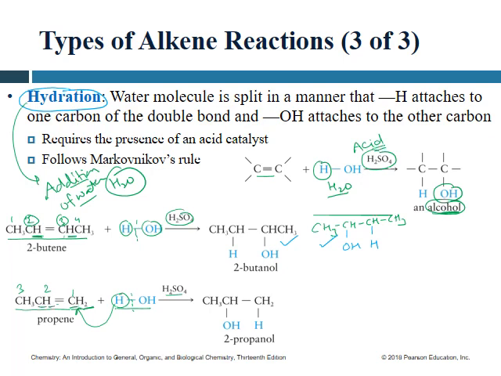And according to the Markovnikov rule, hydrogen will go to the carbon that has more hydrogen across a double bond, and then OH will go to the second carbon, and then you're gonna get this product, and again you're gonna make an alcohol. So if you know how to use the Markovnikov rule, then you can easily make all the products. So make sure you know what the Markovnikov rule is. This is very important.